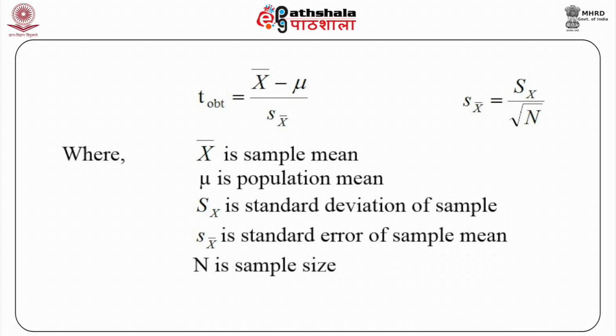Thus, if infinite samples of the same n size have been drawn from the population, then by calculating mu, Sx and Sx bar, t-score can be computed.